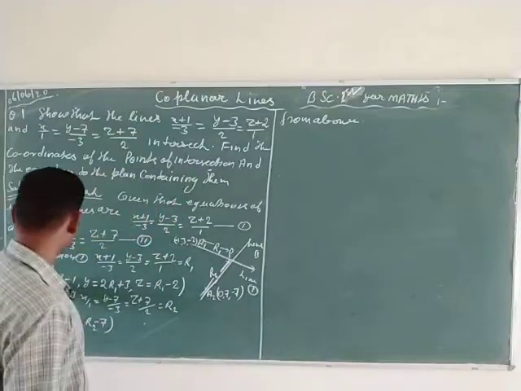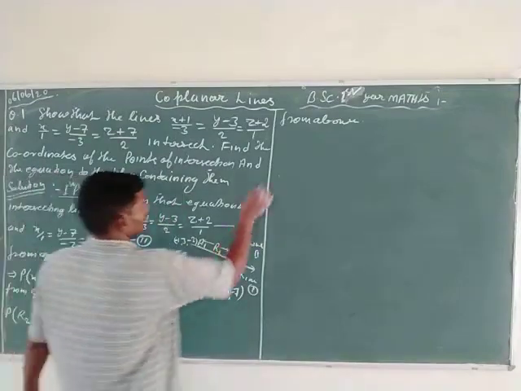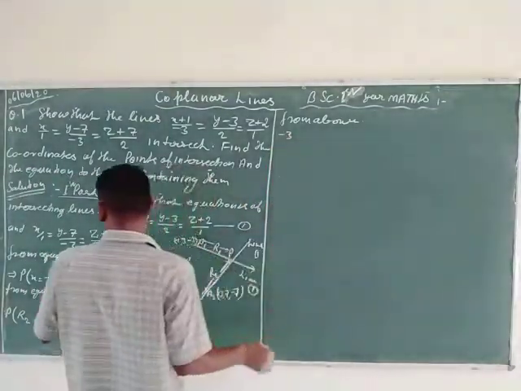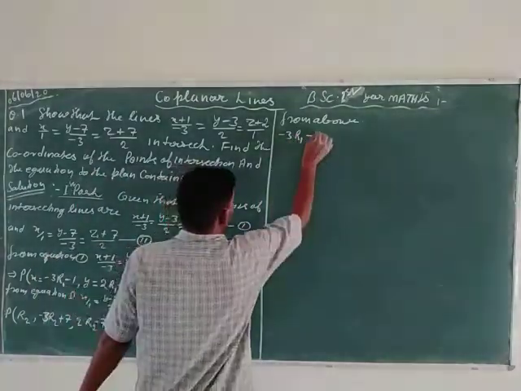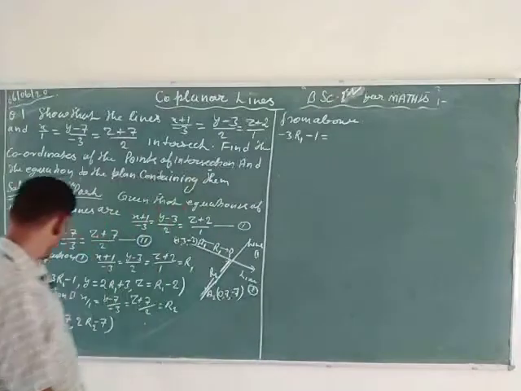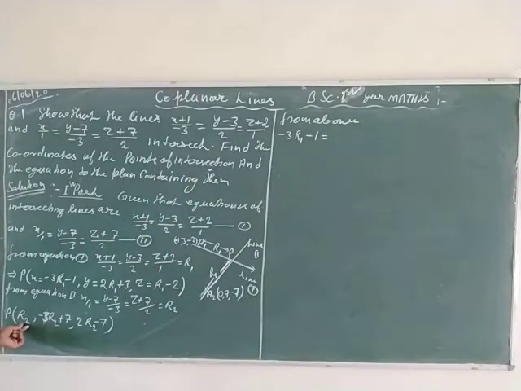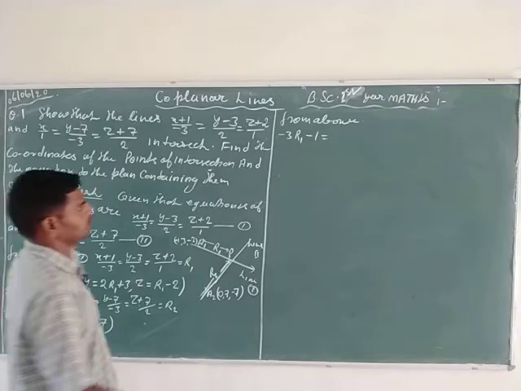The first coordinate, minus 3 r1 minus 1, is equal to r2, since the first coordinate coincides with the first coordinate of the intersecting point capital P. Therefore minus 3 r1 minus 1 is equal to r2.